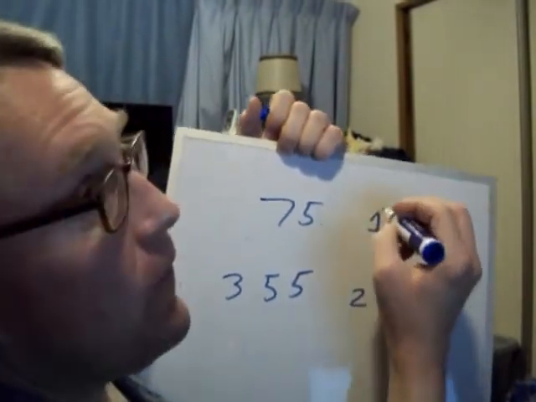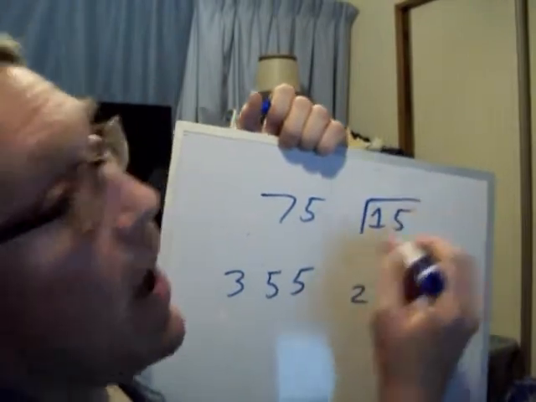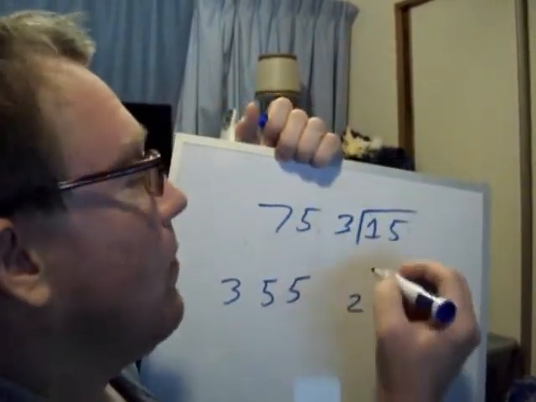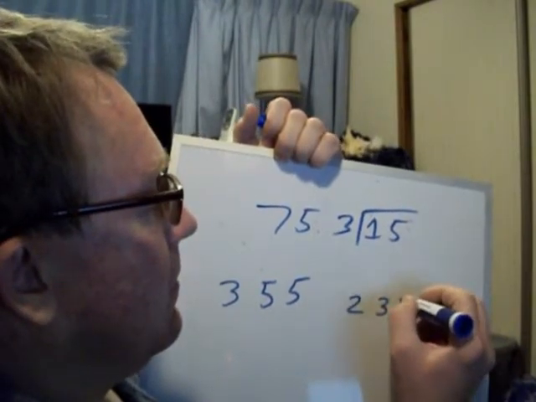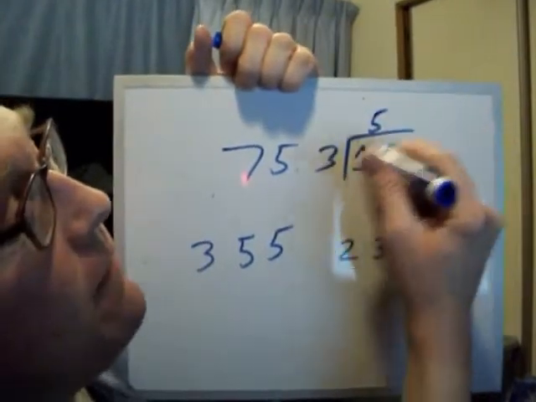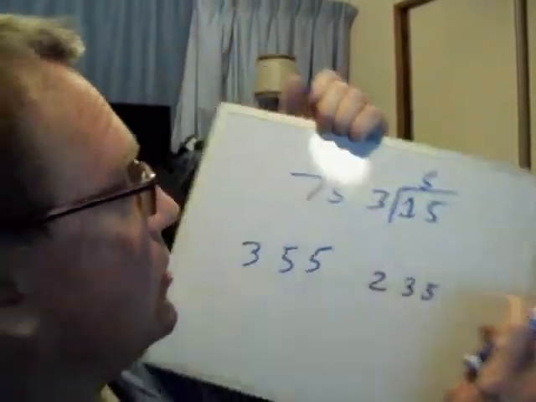Of the remaining number 15, can 2 divide 15? Well, no, of course not. But can 3? Why, yes. 3 times 5 is 15.